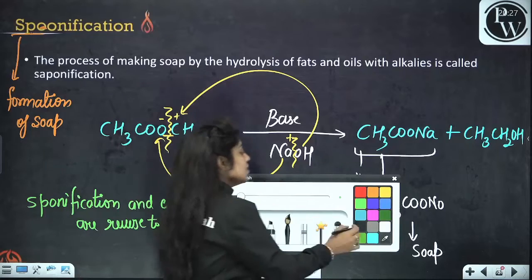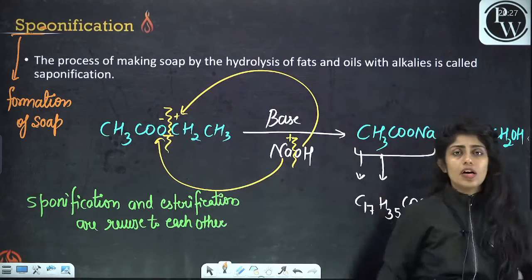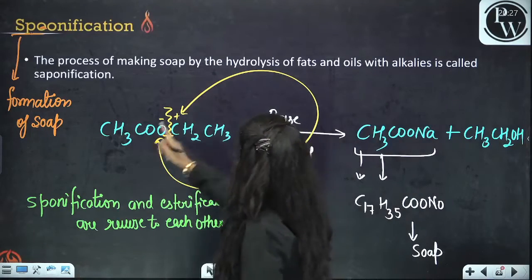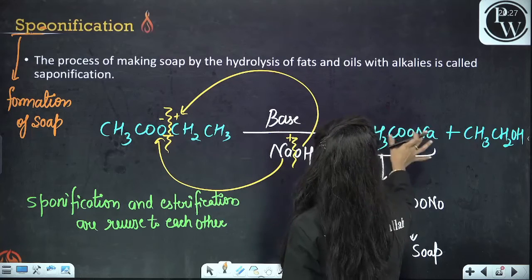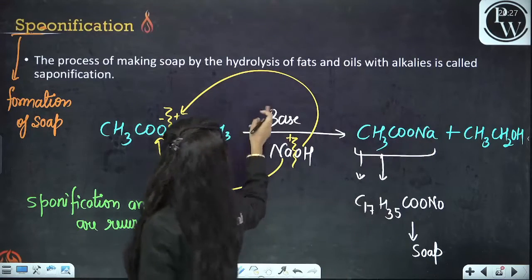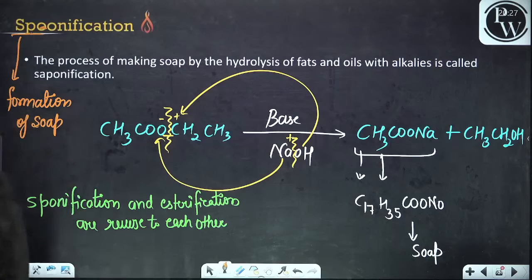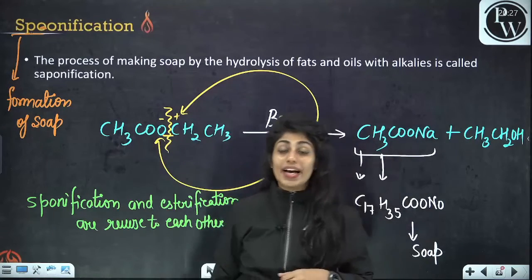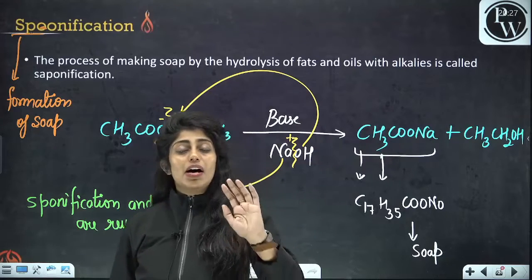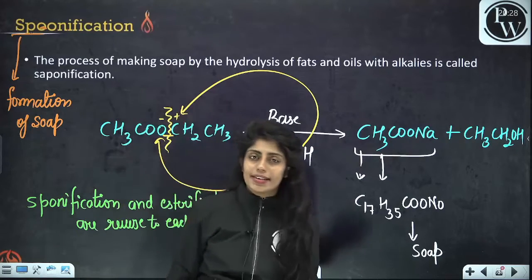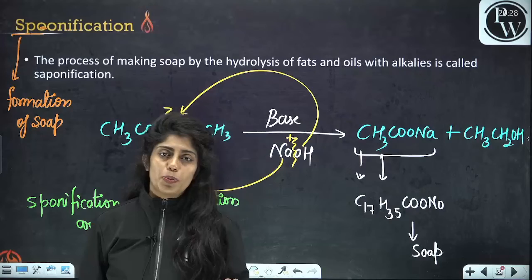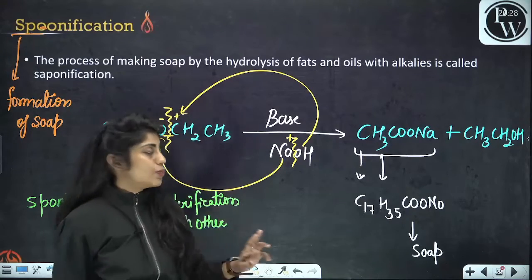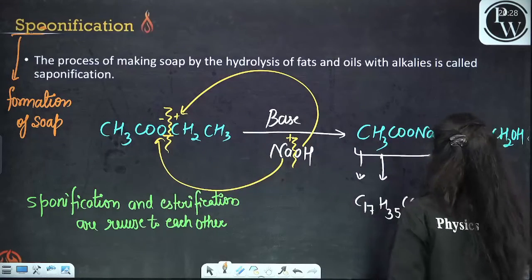My dear students, I would highlight one point here. When ester is turning into soap and alcohol, we are using a base. And when these two combine, it happens in the presence of acid. You just need to recall this point. Are we good? Now, let's move to the next.